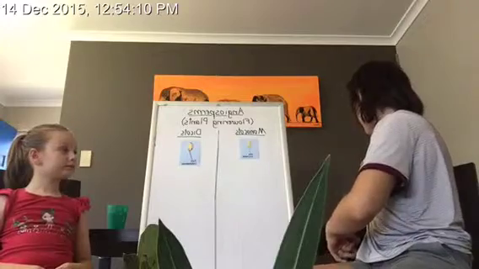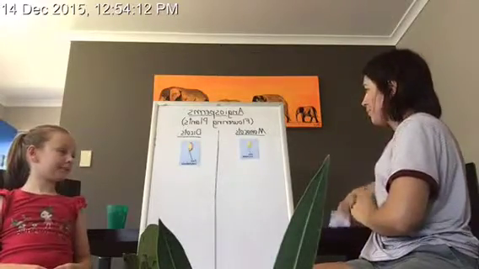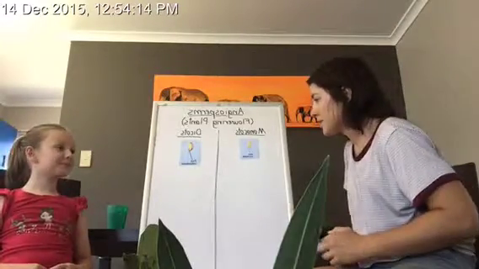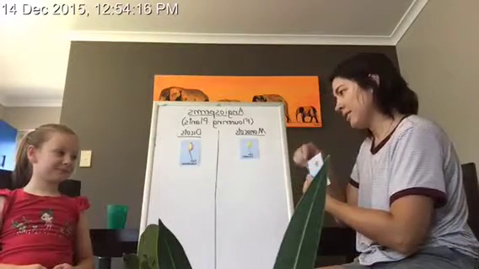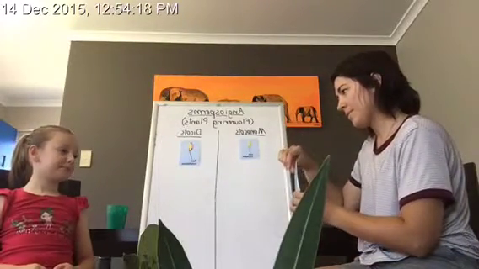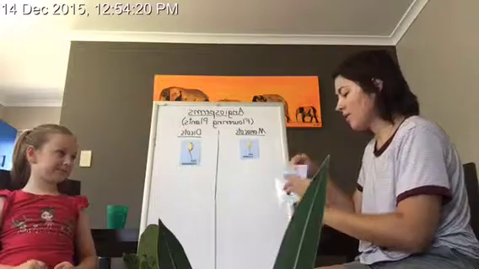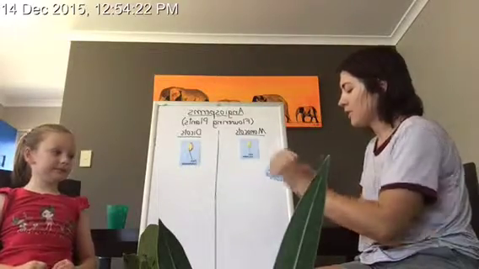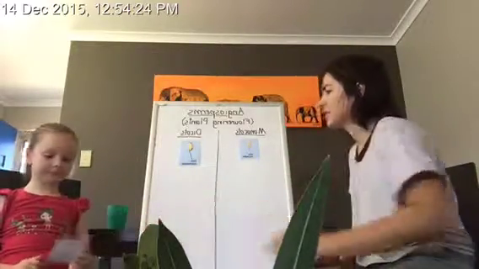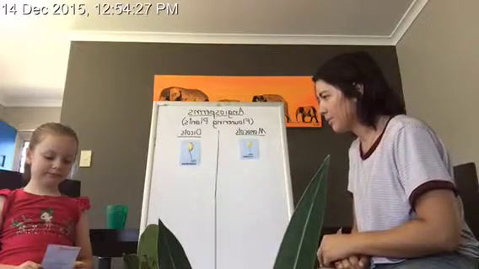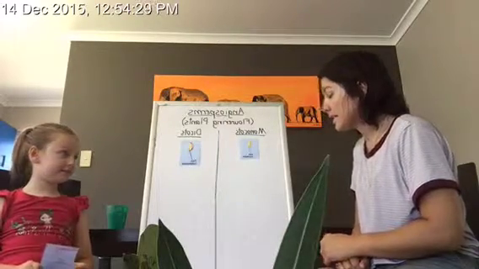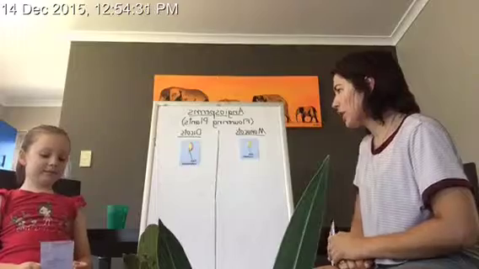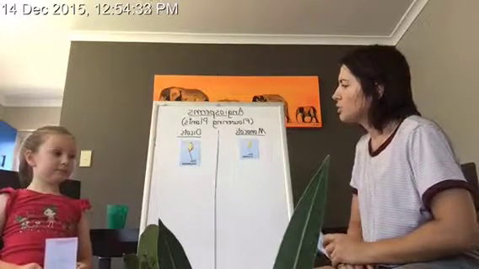Another way to tell the difference between our angiosperms is by looking at what? Petals. Petals of the flower. Well done. So have a look at this one here. How many petals can you see on that flower in the picture? 6. So a monocot can have multiples of 3.